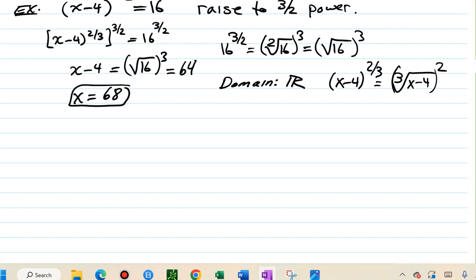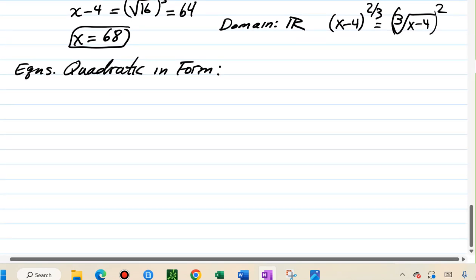All right, let's do the last type of equations here. I'm going to talk about equations that are quadratic in form. Quadratic in form means if we rewrite it, we can see explicitly a quadratic equation underneath the equation that we're looking at.